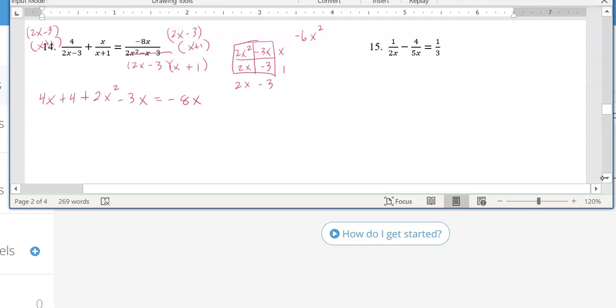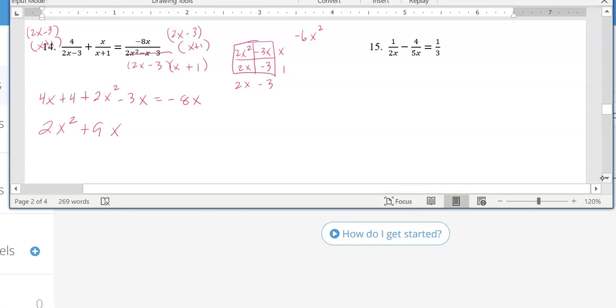Okay, looks like it's going to be a quadratic equation that needs to be solved, so let's combine like terms and make it equal to 0. So 2x squared. I'm going to go ahead and put these together. 4x minus 3x is 1x, and then if I add 8x to both sides, that makes 9x.